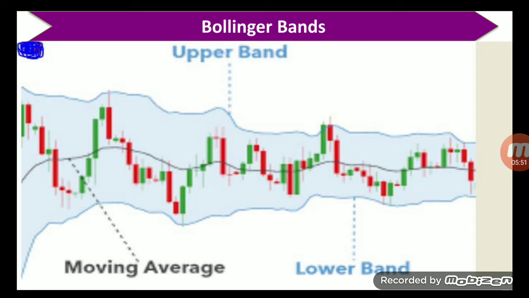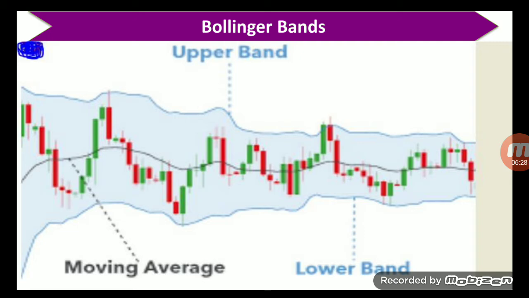And if you see the width of the Bollinger Band is getting narrowed as we move from left to right, then we can observe that the volatility of the price is decreasing, and if the price of the security or share goes beyond this Bollinger Band, it shows the volatility, and it shows the unusual move in the stock price.